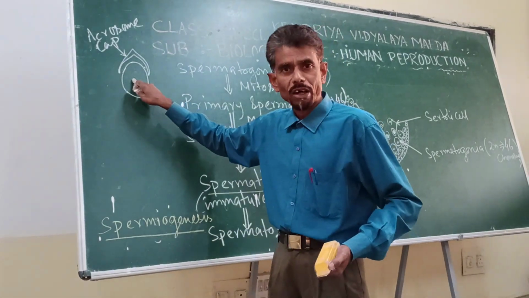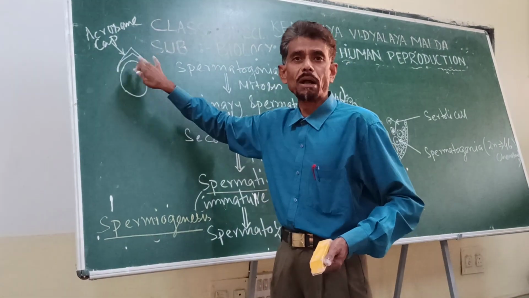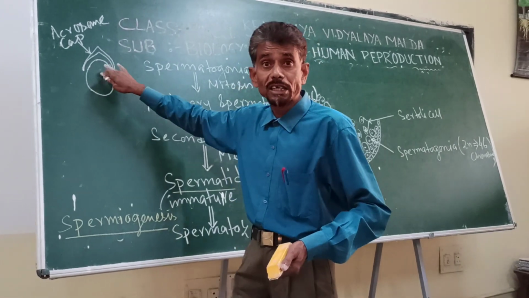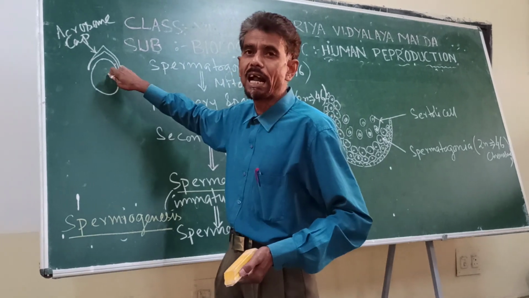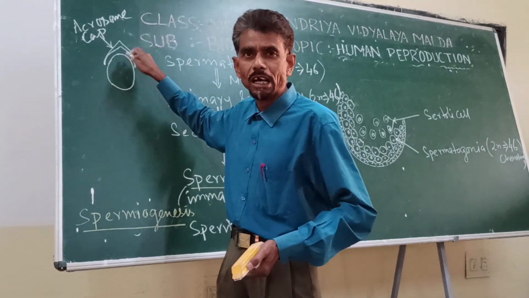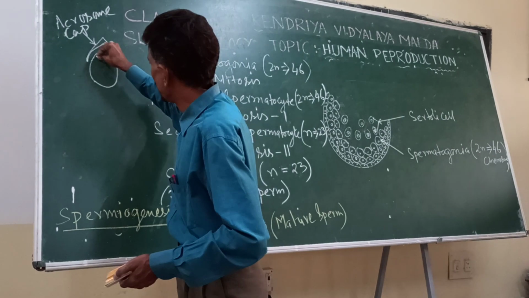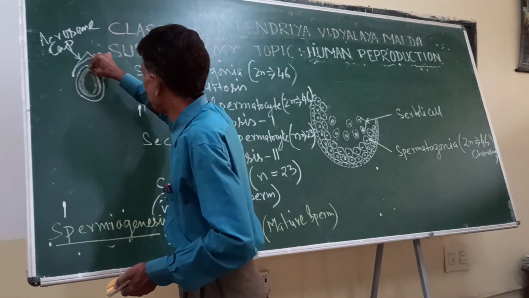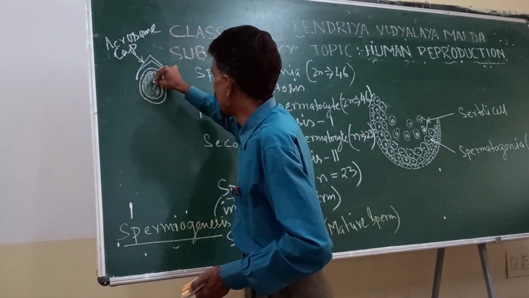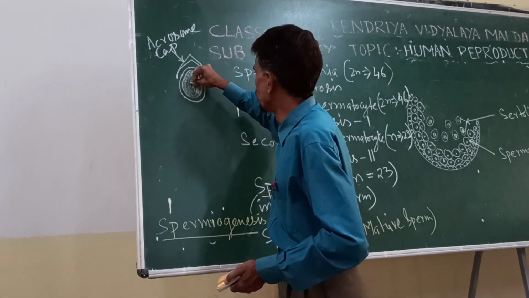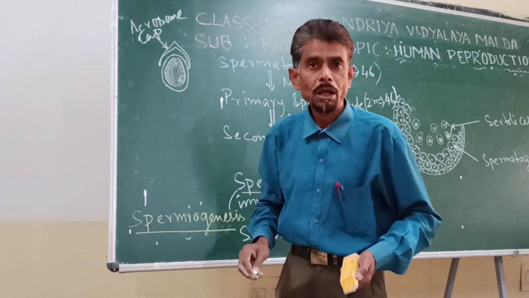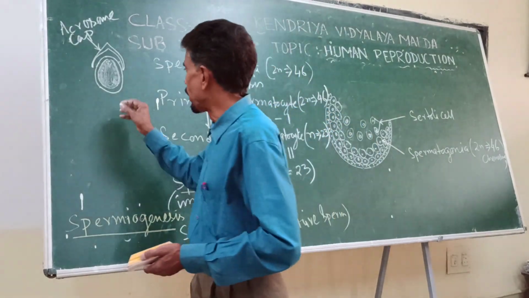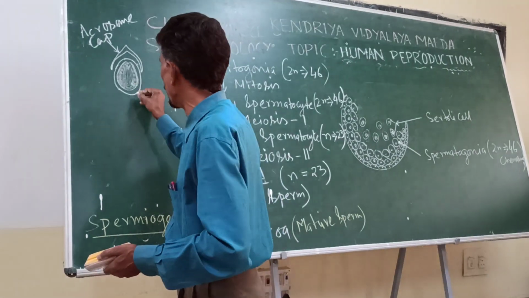The nucleus becomes very condensed, the chromatin material gets packaged, and the extra cytoplasmic parts and unnecessary cell organelles are withdrawn, leaving behind the major part, the sperm nucleus within the sperm head. Microtubules develop from one of the centrioles.